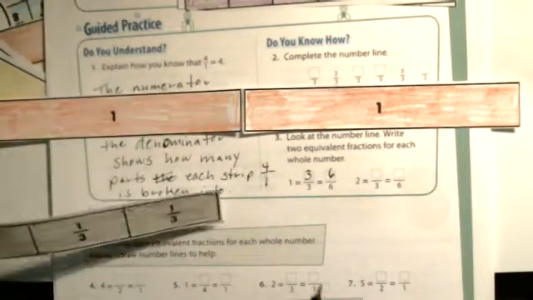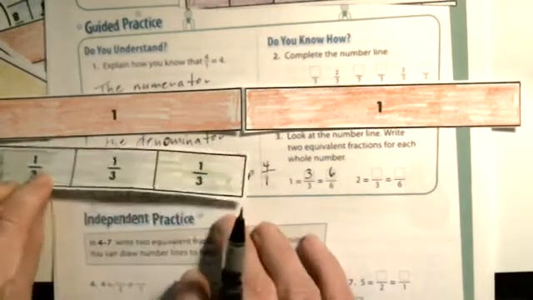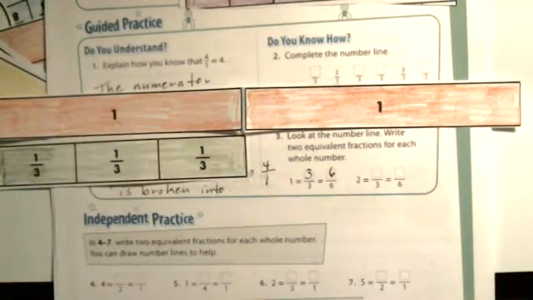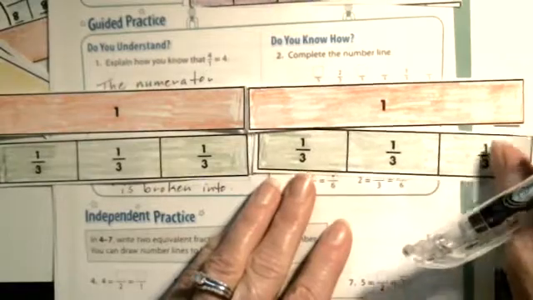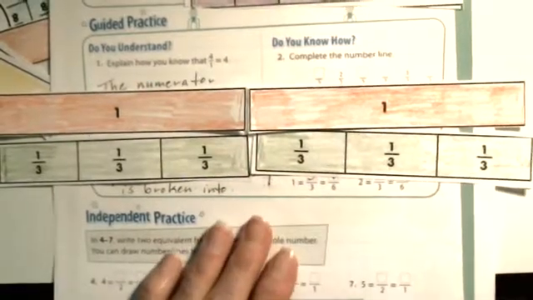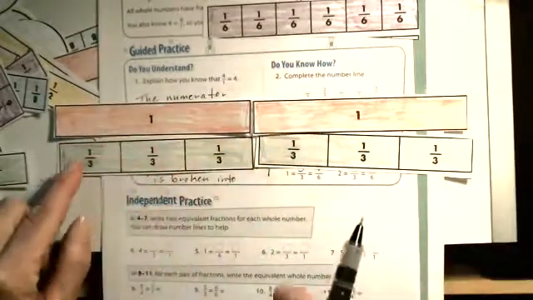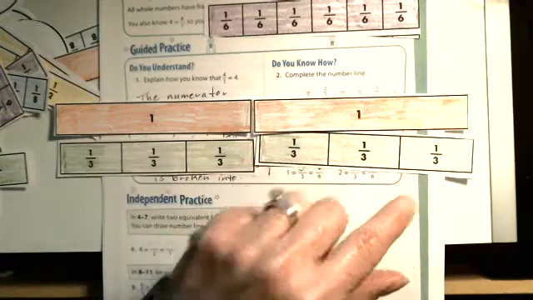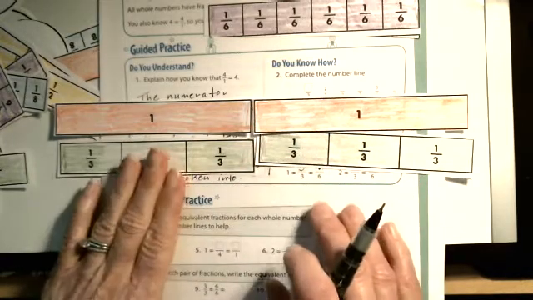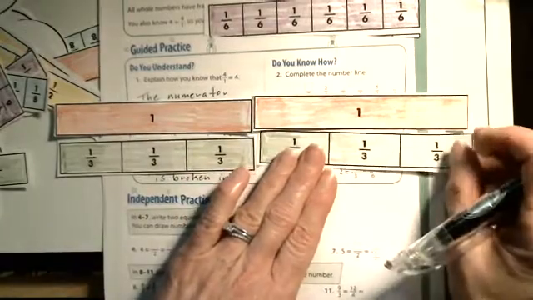Well, if 1 hole is equal to 3/3, then 2 holes would be 3 more thirds, which means 2 holes is equal to 1/3, 2/3, 3/3, 4/3, 5/3, 6/3, because you need 3/3 to make one hole and 3 more thirds to make another hole.